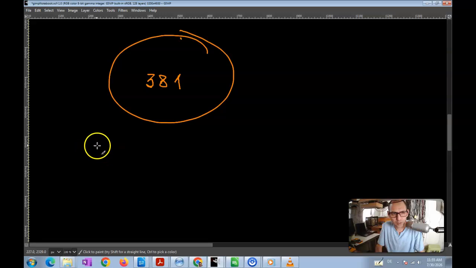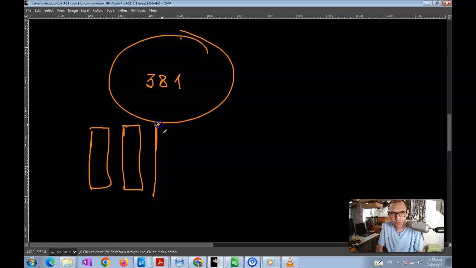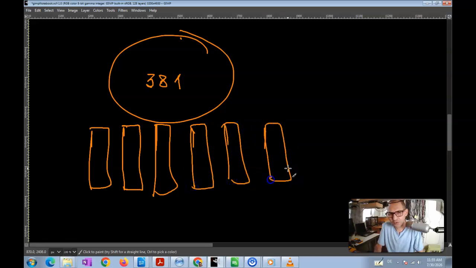Let's suppose that this is a group of 10. So I have one group of 10. I count 10 of those pebbles and put them together in a group of 10. I make another group of 10, another, and another, and so on. Let's make it 100.